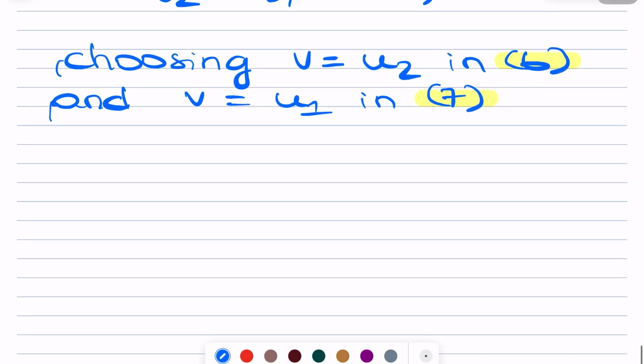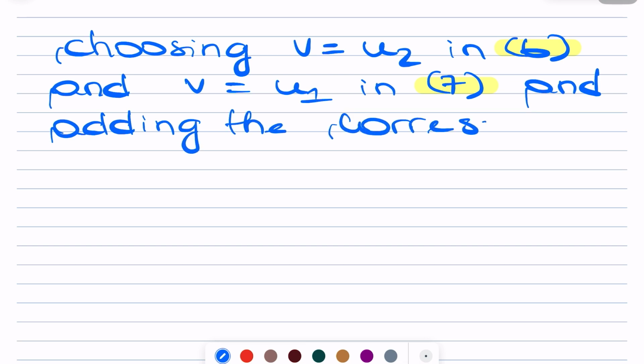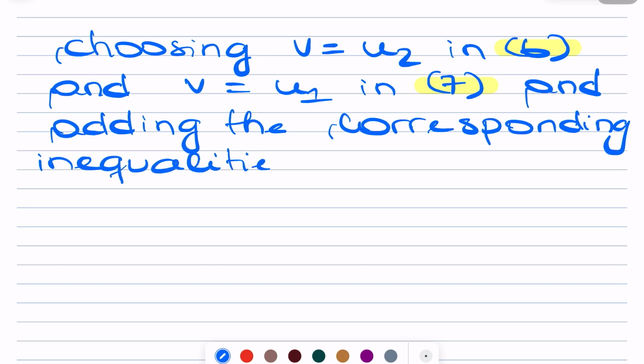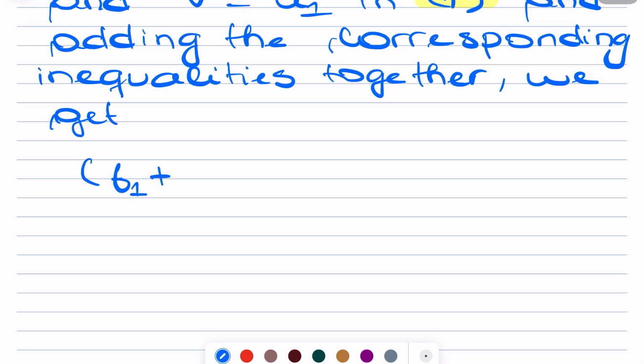And adding the corresponding inequalities together, we obtain that the scalar product of f1 minus f2 plus u2 minus u1 and u2 minus u1 is less or equal than 0.